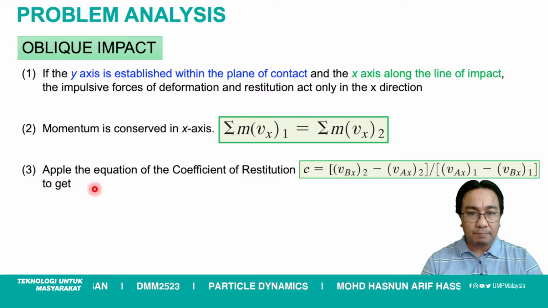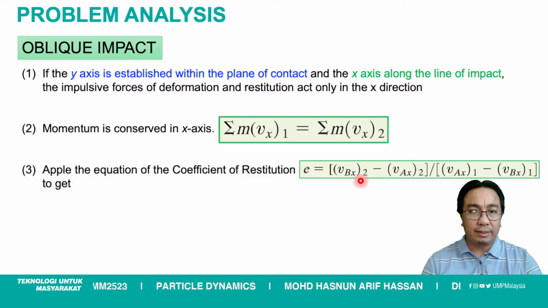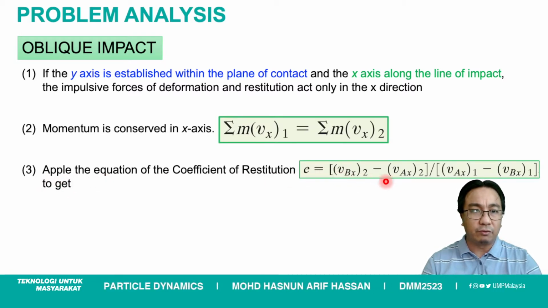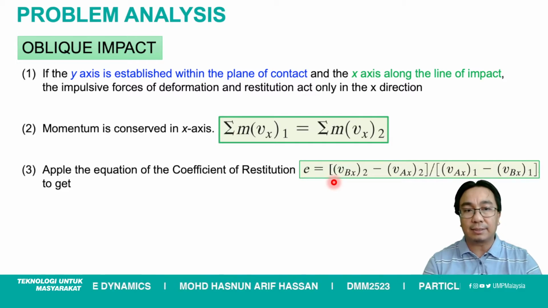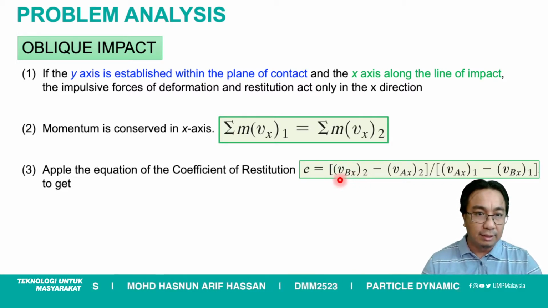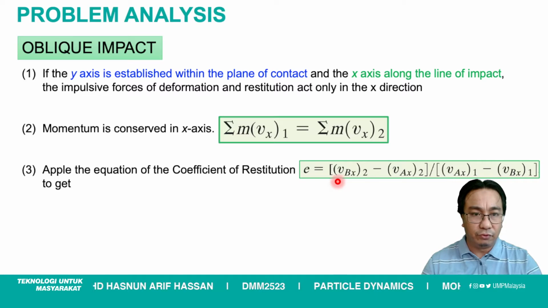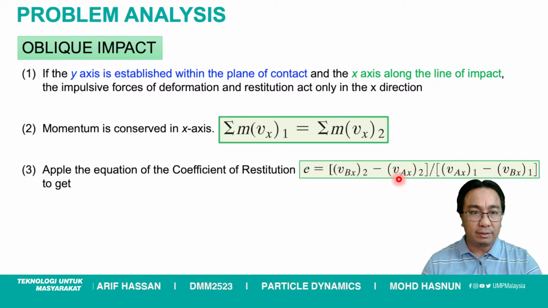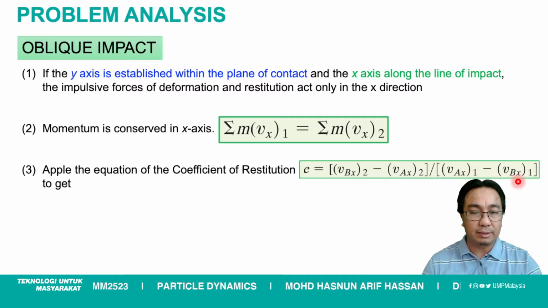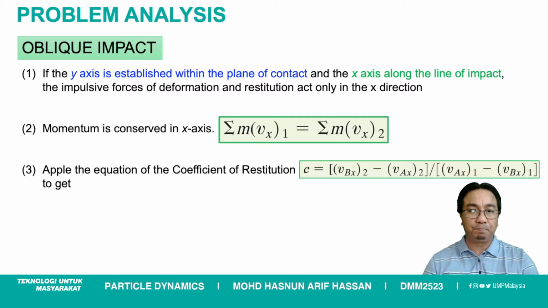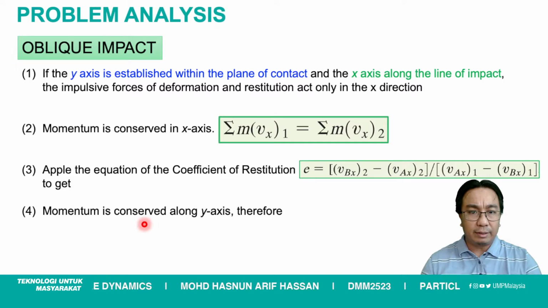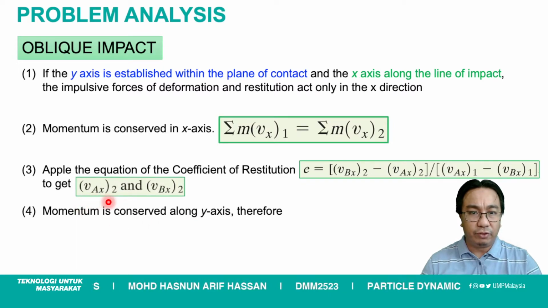Then number 3 is to apply the equation of coefficient of restitution in the x-axis also. So you notice these are all in the x-axis: vbx2 minus vax2 divided by vax1 minus vbx1. And this is to get vax2 and vbx2.